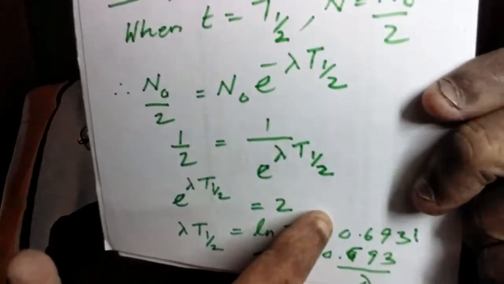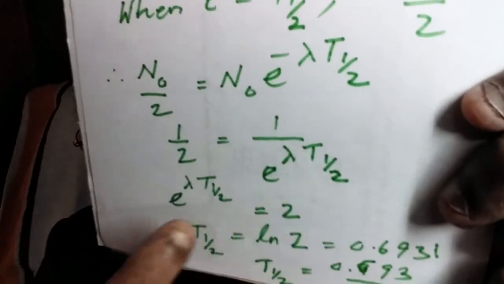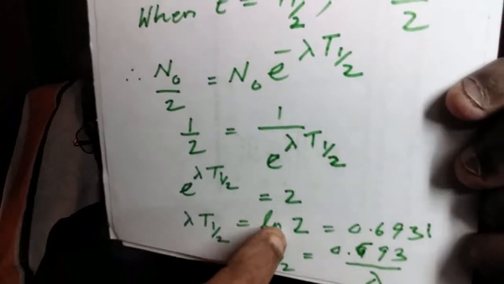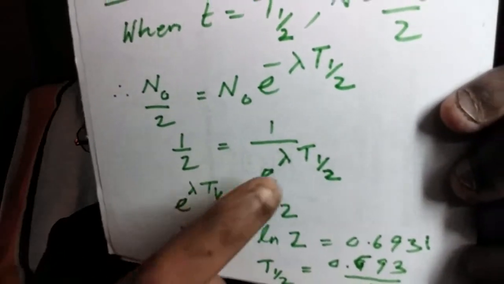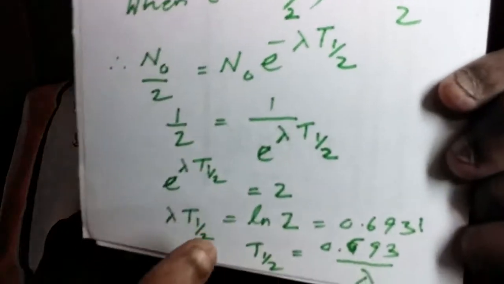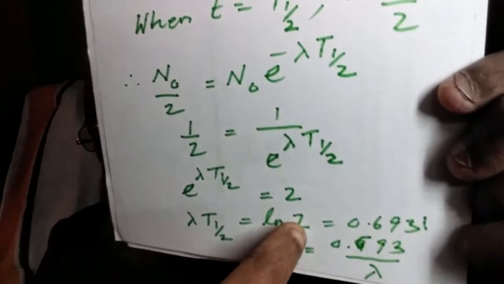Just to express this in logarithmic form, log 2 to the base e, that is called a natural logarithm, equals lambda t half. So lambda t half equals natural logarithm of 2.